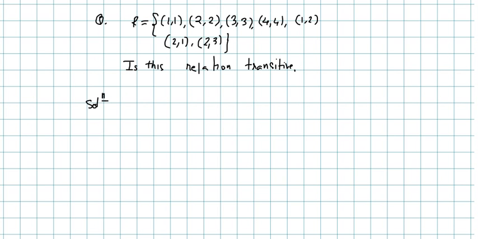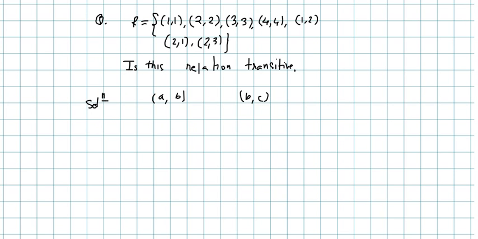Now, the trick is you are going to make 3 columns. This is the AB column, this is the (A, B) column, and then we will write the (B, C) column, and finally we are going to write the (A, C) column.